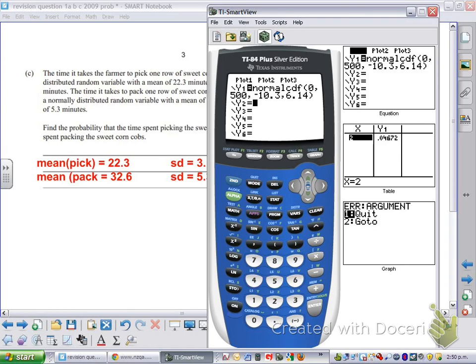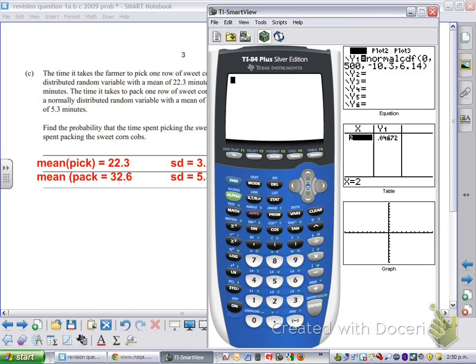Oh, what have we got here? Sorry. Putting this in the wrong place. Let's do it again. Go down. Go in 0. I'll put 500 in there, should be big enough, comma, negative 10.3, comma, 6.14.